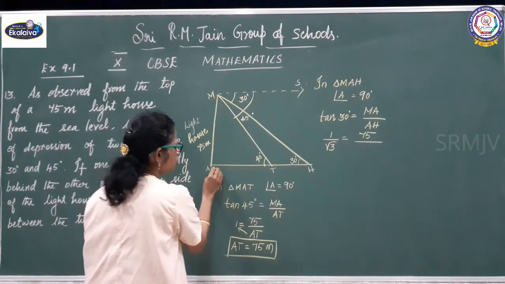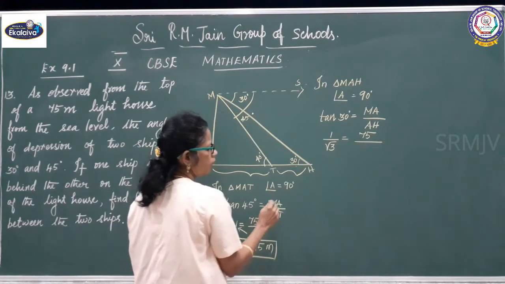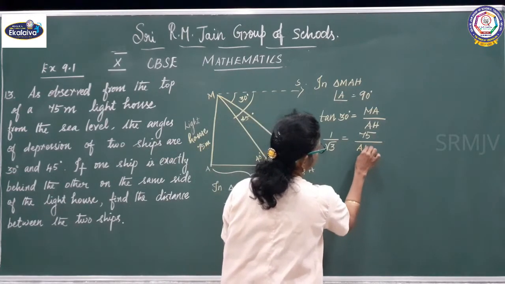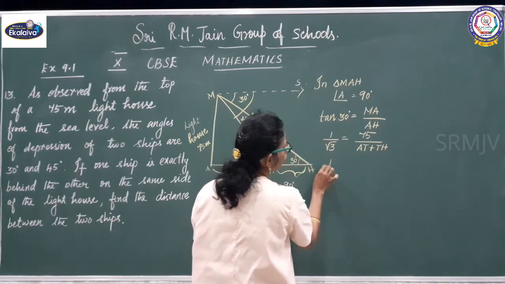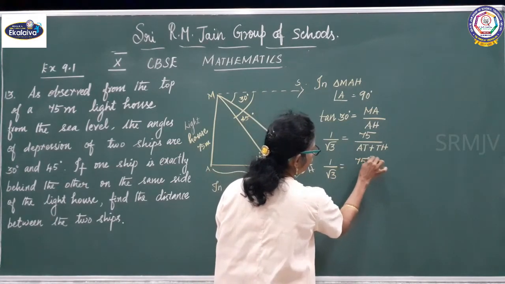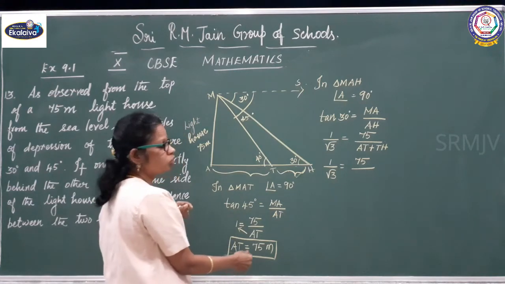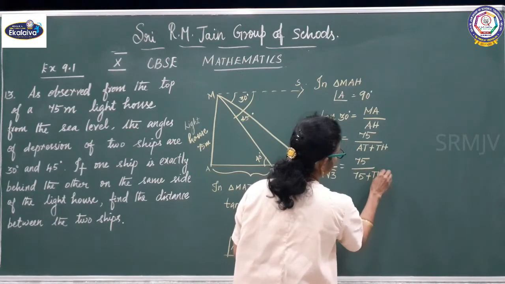AH, how you are going to write? You see, AT plus TH, right? Now, 1 by root 3 equal to 75 divided by AT value we found, that is also 75, plus TH.